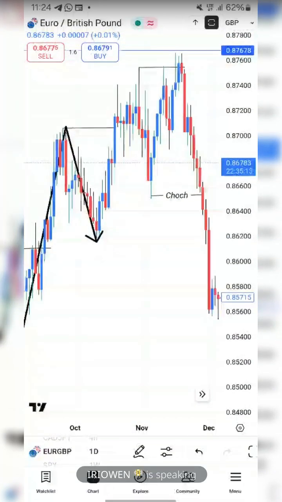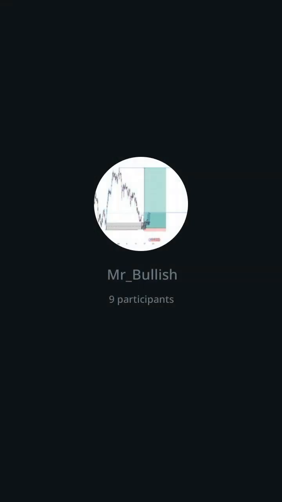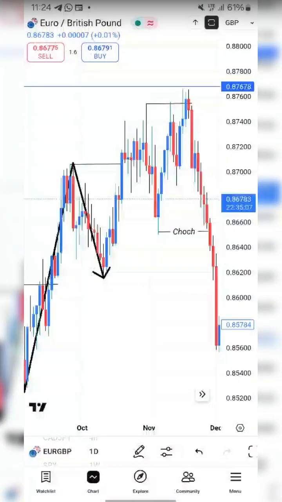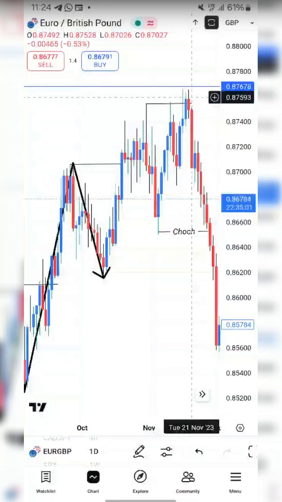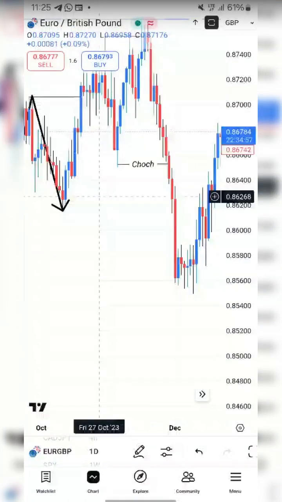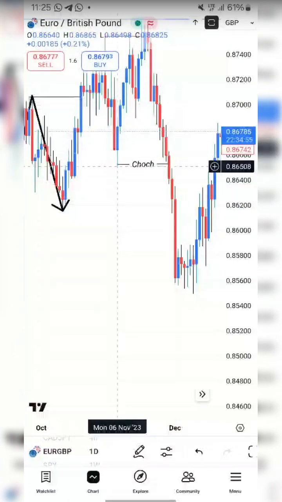So after breaking it went up to this particular high, then retraced again, then broke this one again. But after breaking this one, it came down to what? To break below this key level. This particular key level here, where we have this change of character now. The market came down to break below it again.